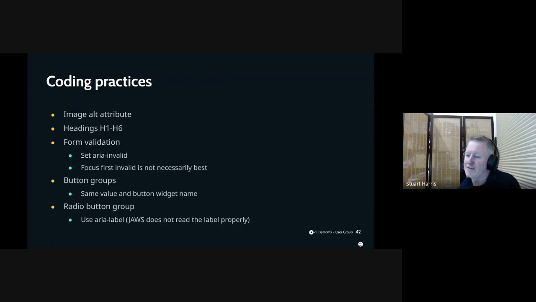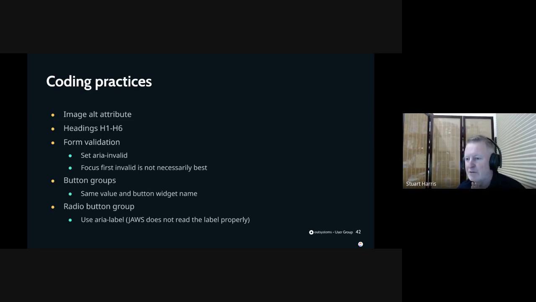So the trick there is, in your button groups, make the value and the name of your element the same value. That's a bit annoying, but that will make it, when someone's using assistive technology to look at a button group, tell them which one's selected. So, bit of a pain.